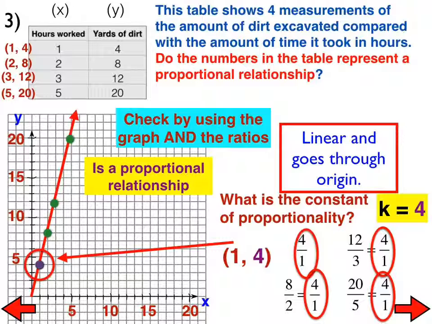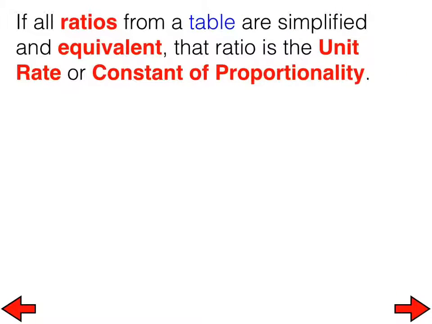Okay? K equals 4. This next fill in the blanks, I bet you can do this without my help. Go ahead and write those words. This is old news now. If all ratios from the table are simplified and equivalent, that ratio represents what? Good. Unit rate. And what's the same thing?